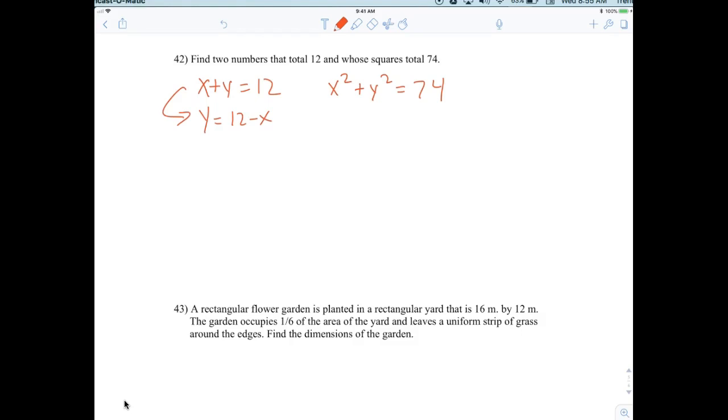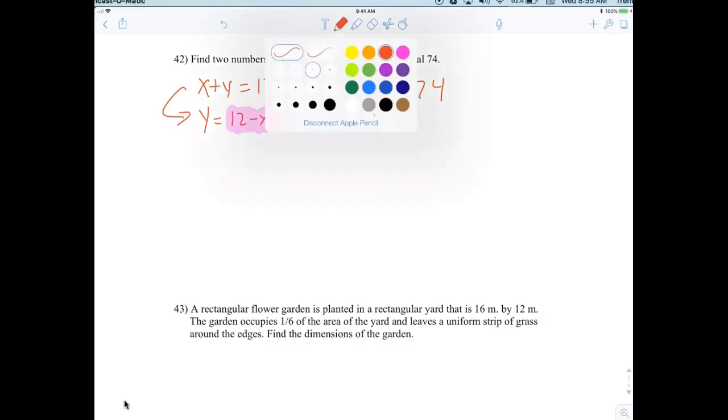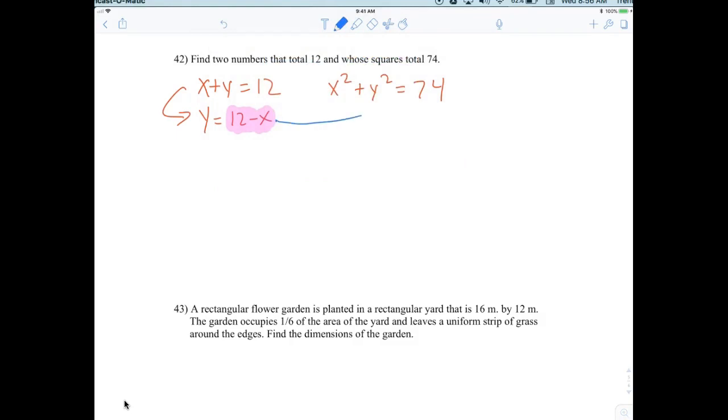Now watch. This is the hard part. I now am making a substitution. I am replacing y with 12 minus x. Exactly correct. So I'm putting 12 minus x in for y, because they are equal. So here's the next step.